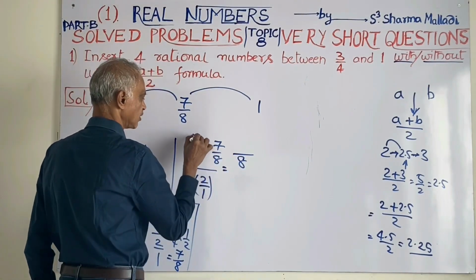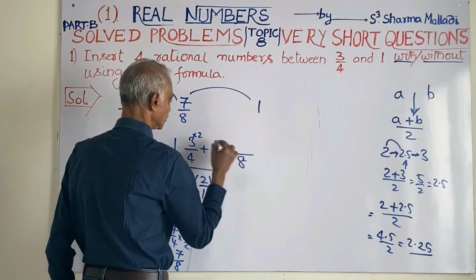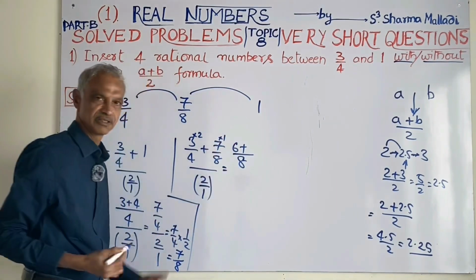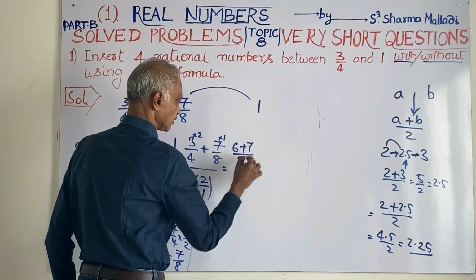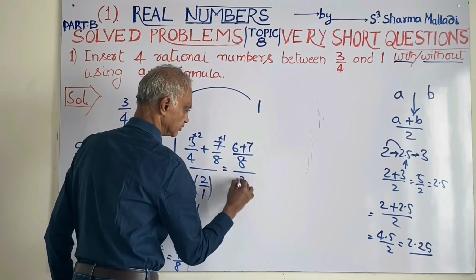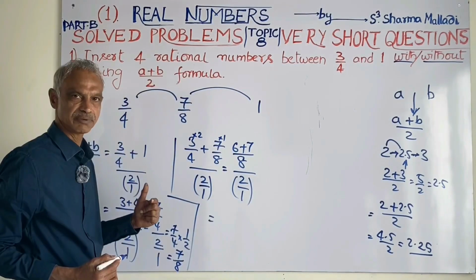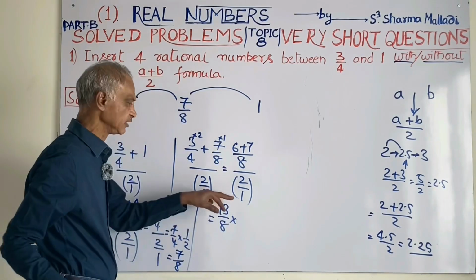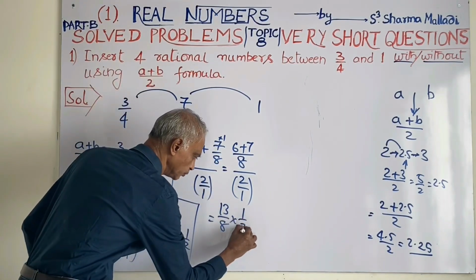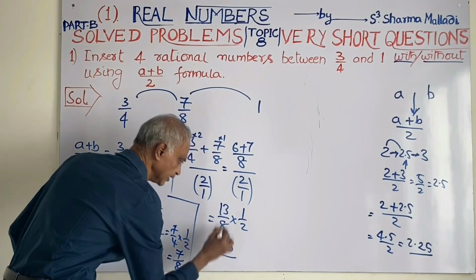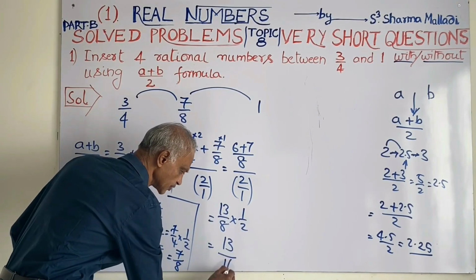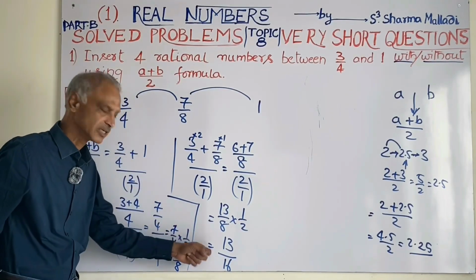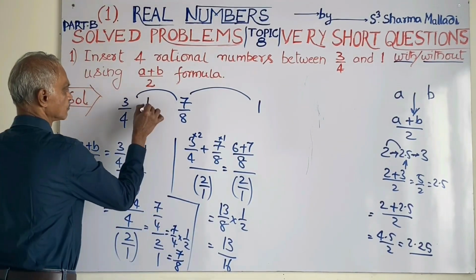We multiply 3 by 2, which is 6, plus 7, gives 13 by 8, by 2 by 1, which can be written as 13 by 8 into 1 by 2, that is 13 by 16. The rational number between 3 by 4 and 7 by 8 is 13 by 16.